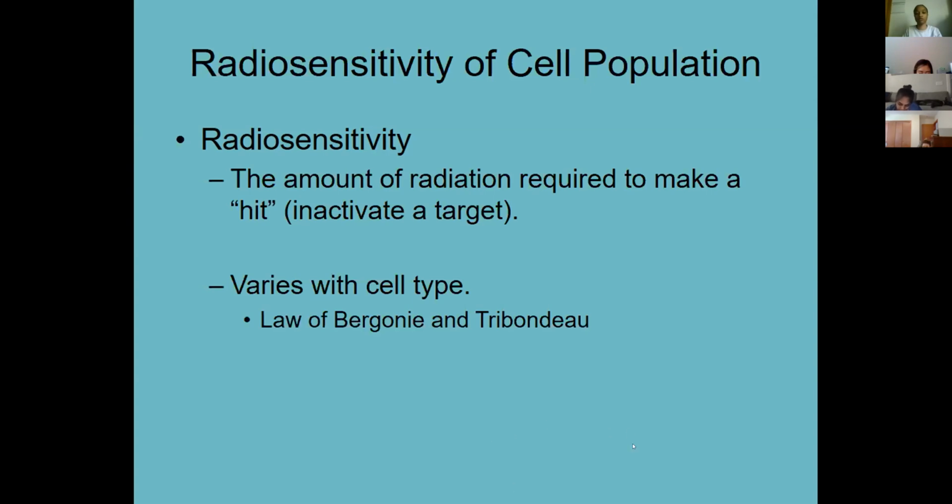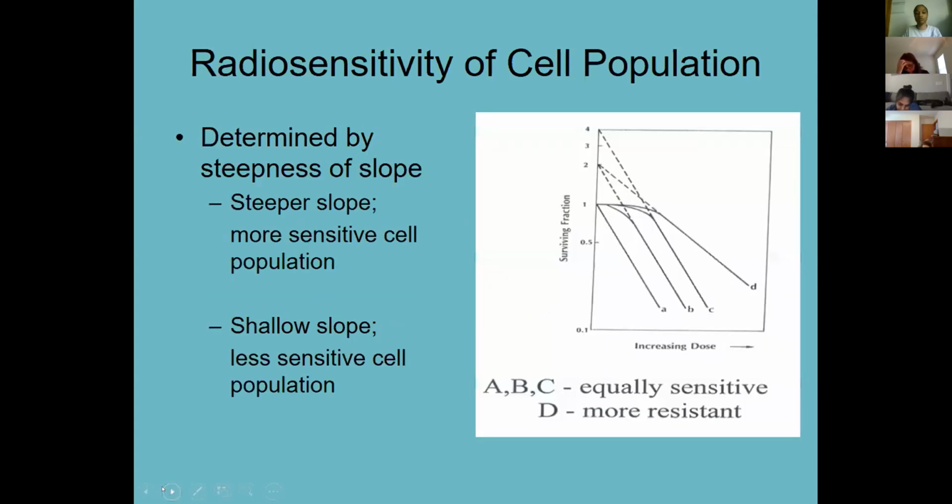Now, when we look at the cell survival curves, we can tell the most sensitive population simply by looking at the steepness of the slope of the straight line portion, or the steepness of the slope of the exponential portion, however you want to say it.